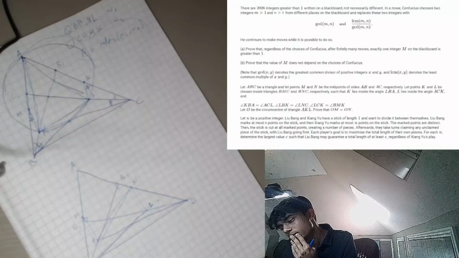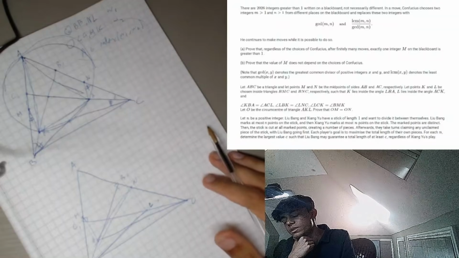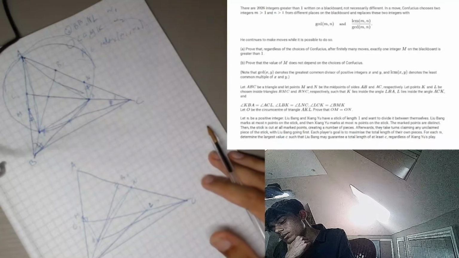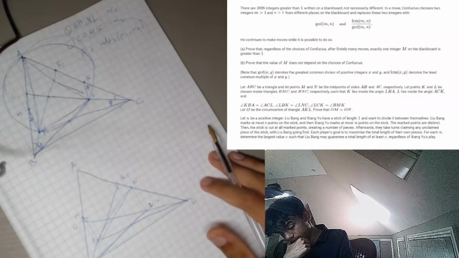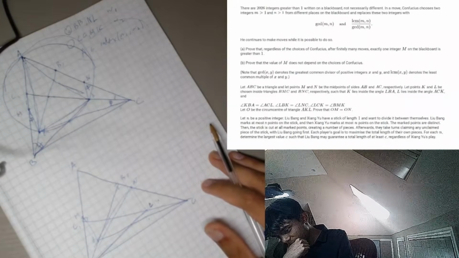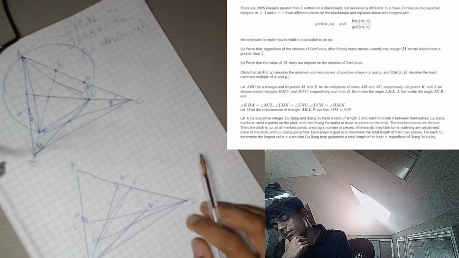KL parallel to BC. So we'd have B1 C1 KL is cyclic.